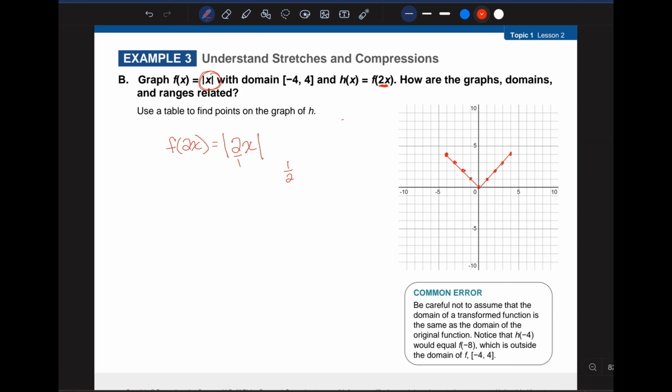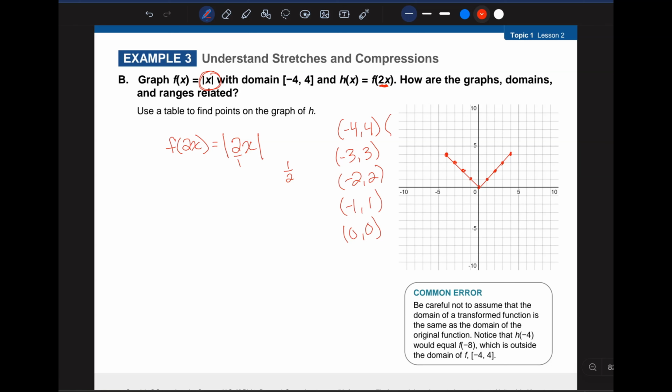So let's look at these points. We already know from the last question that we had the points negative 4, 4, negative 3, 3, negative 2, 2, negative 1, 1, 0, 0. So I am going to multiply these x values by 1/2.